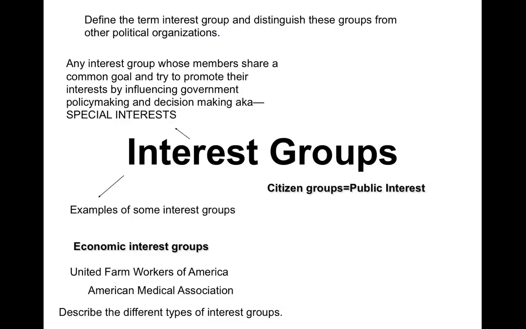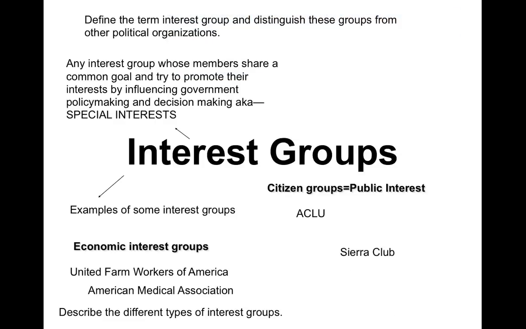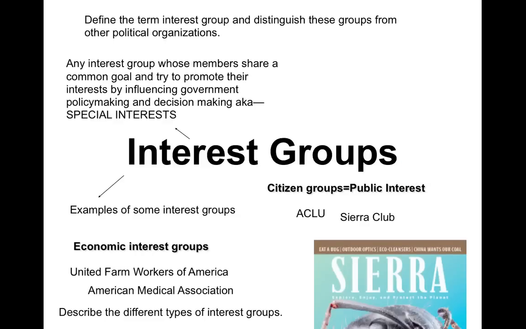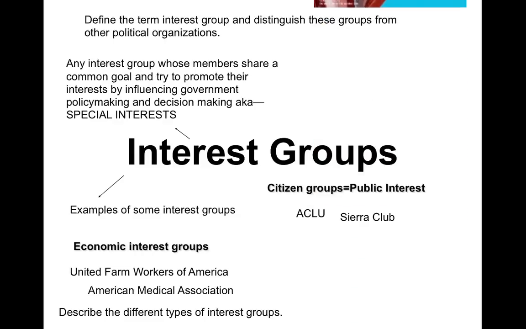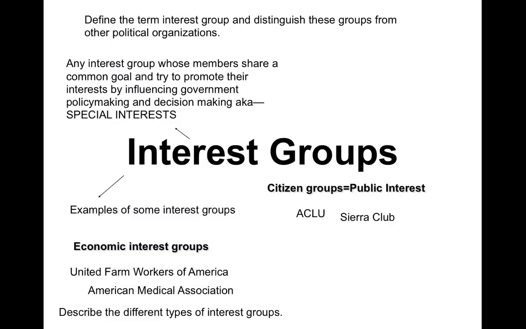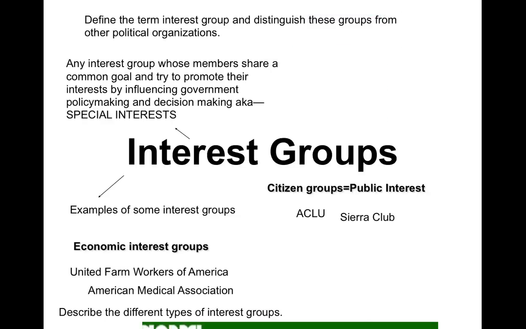You have citizen groups, their public interest, the ACLU, American Civil Liberties Union. The Sierra Club is trying to protect the forest and save the forest. The bug is disgusting, by the way. You have Greenpeace, which is trying to advocate to save the world. You have PETA, which doesn't believe in eating anything.